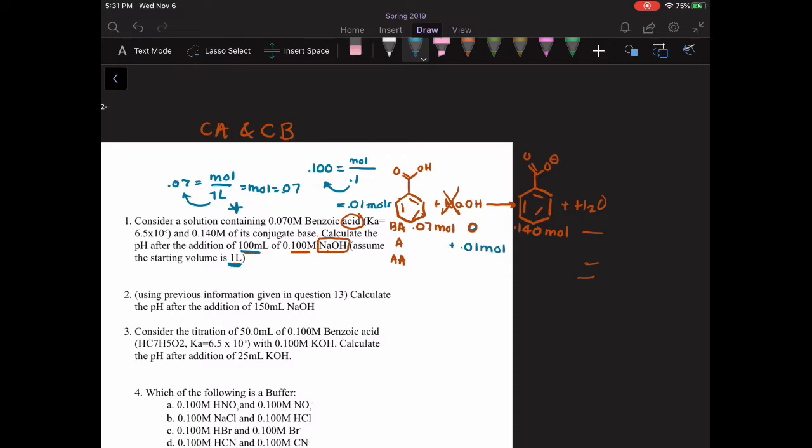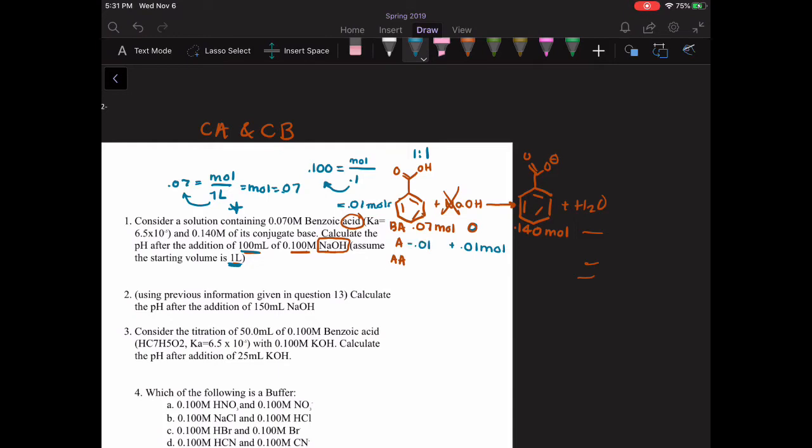And so this reaction will occur, right? So think of sort of like limiting reactants and how the reaction will proceed. I'm not going to lose all of this benzoic acid, because not all of it is required to neutralize the sodium hydroxide. It's a 1-to-1, meaning I need 0.01 moles of this acid to neutralize the base that I add. So this will take away 0.01 mole here.